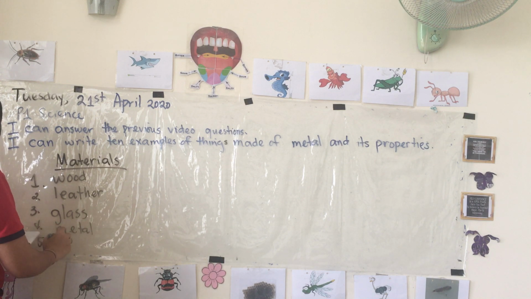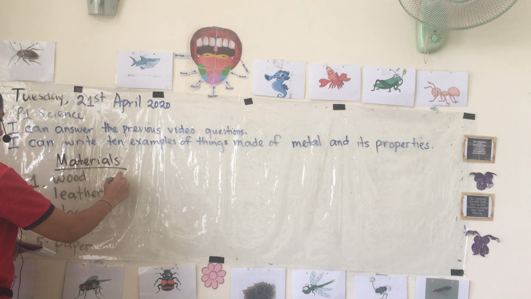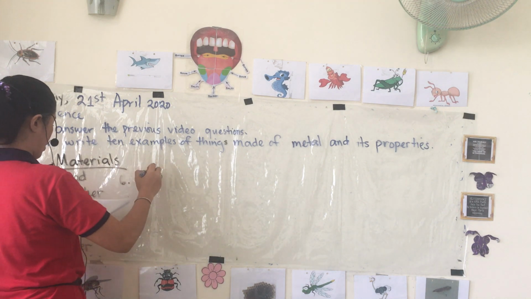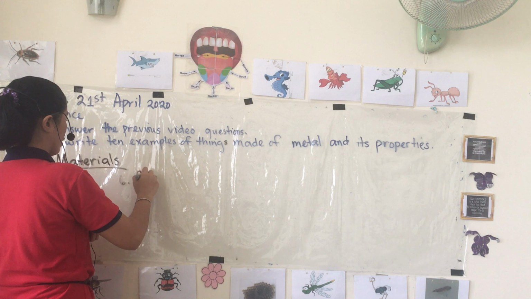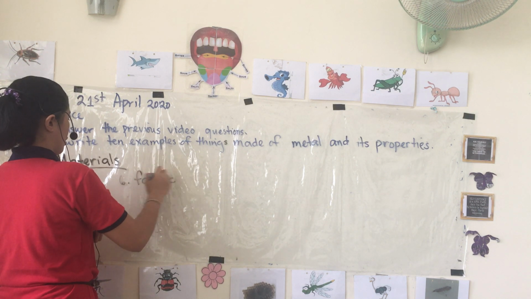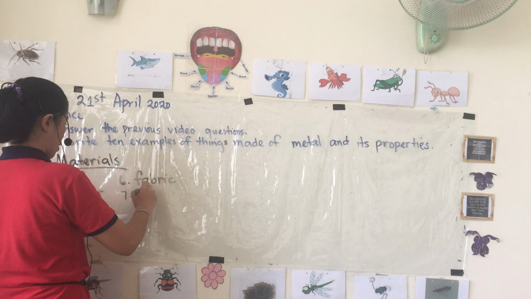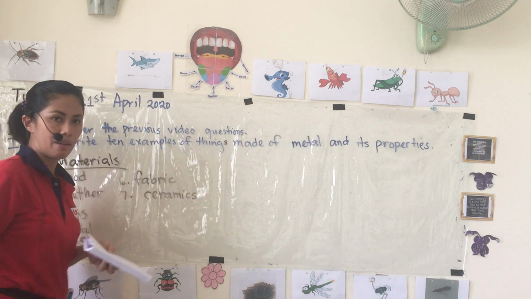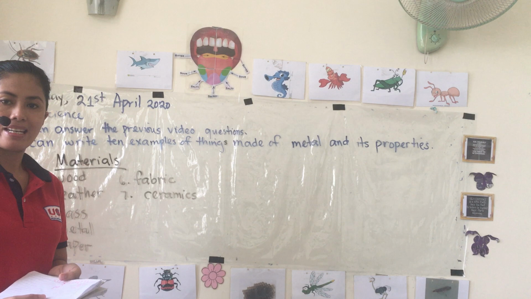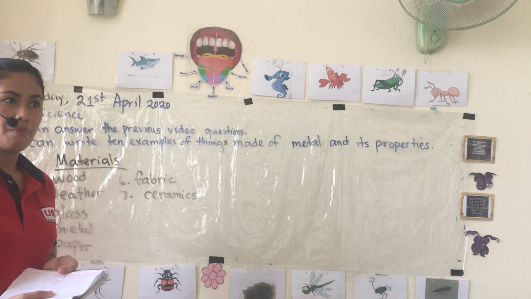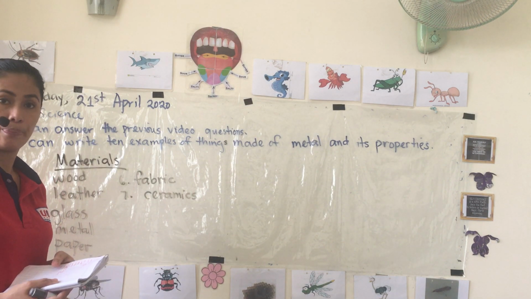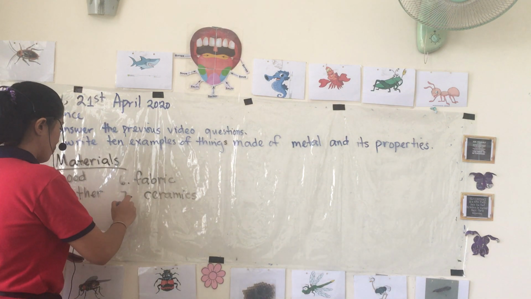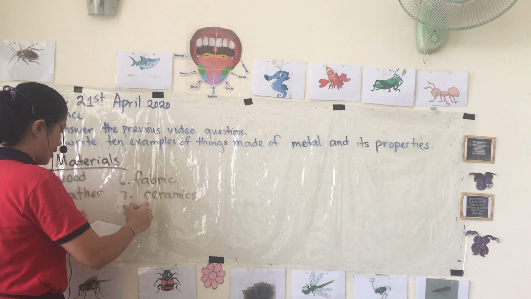Number 5, we have paper. 6, we have fabric. 7, we have ceramics. Ceramics are used to make plates, vases, flower pots, cups. And then we have plastic.